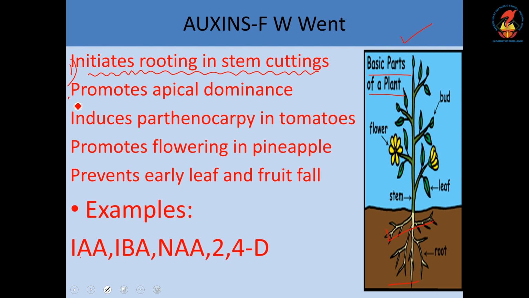Next, I have gone to the shoot part. We know there are 2 types of buds in plants. On the stem there are 2 buds, one bud at the terminal end, and that bud is called the terminal bud, or it is also called the apical bud, and the bud found at the axil of the leaf petiole and the stem, at the angle, is known as the axillary bud or lateral bud.